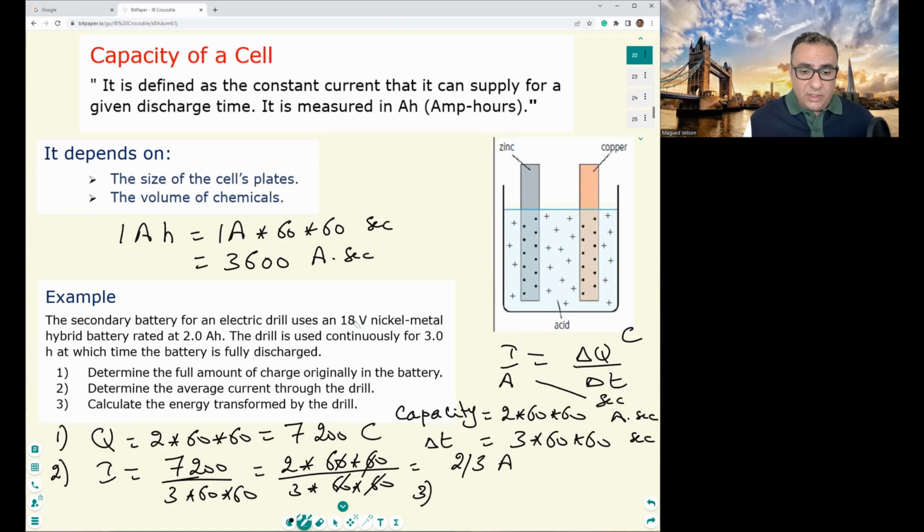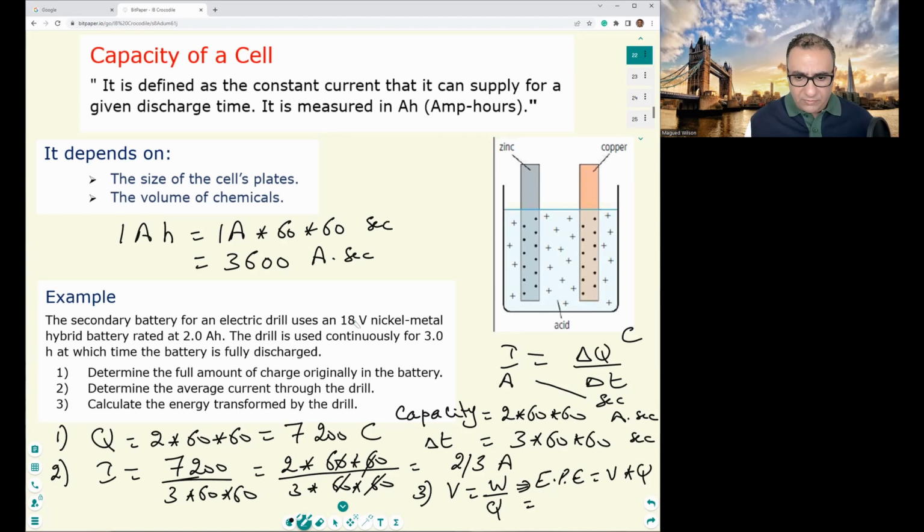So voltage is work done or energy divided by Q, right? That means in order to get the energy, or we call it electric potential energy, I'll just call it EPE for now, it is going to be V times Q, right?